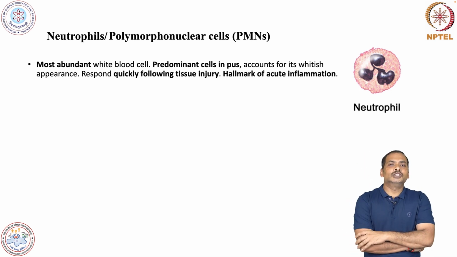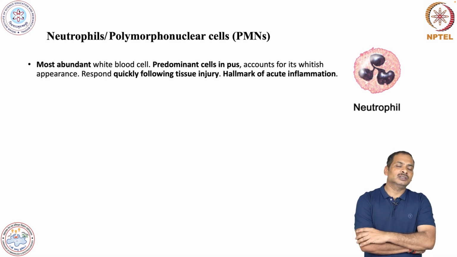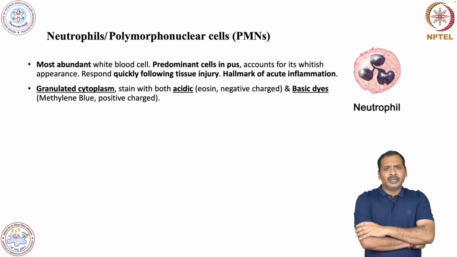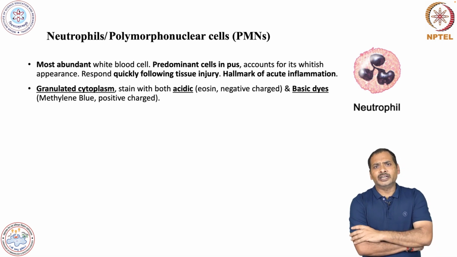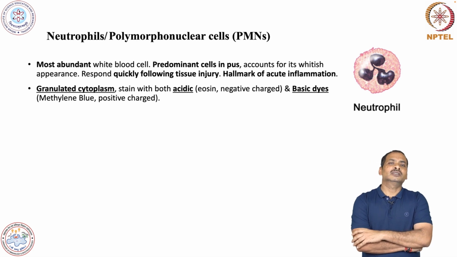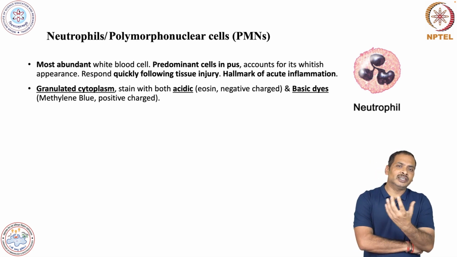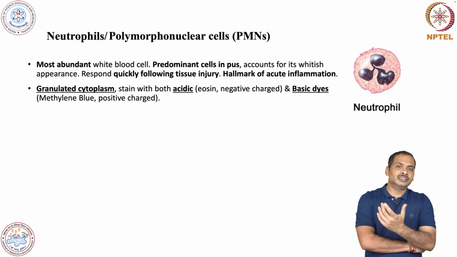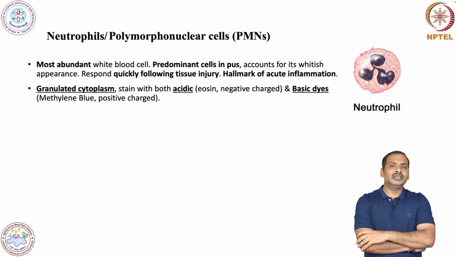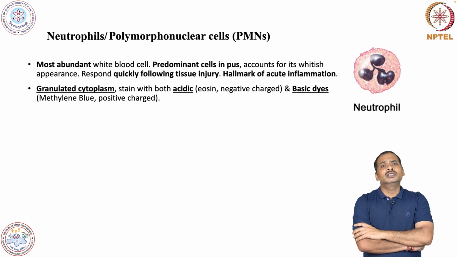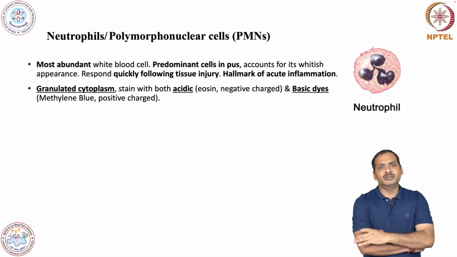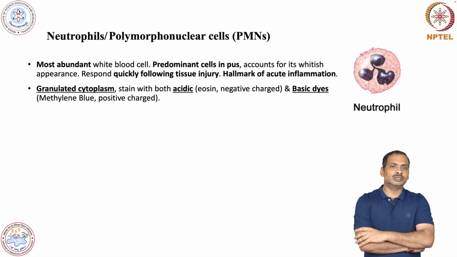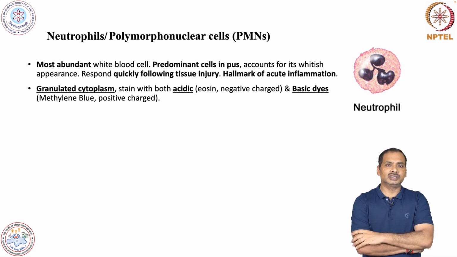So neutrophils play a very important role in acute inflammation. They have granulated cytoplasm, and these granules can be stained by acidic dyes like eosin, and also by basic dyes like methylene blue, which is quite commonly used in the laboratory.